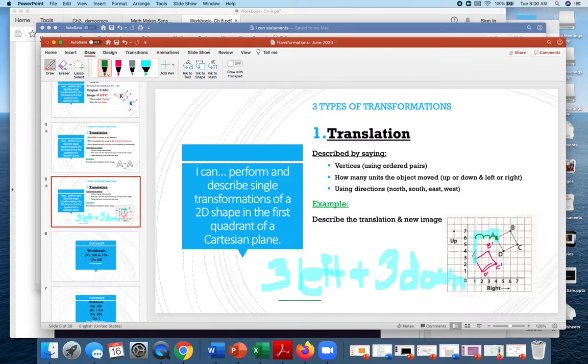I have to always make sure I'm using only the intersection points, just where the dot would actually fall. And then 1, 2, 3 down. So to describe my translation, I have done a translation 3 left and 3 down. Hopefully that is good for you.